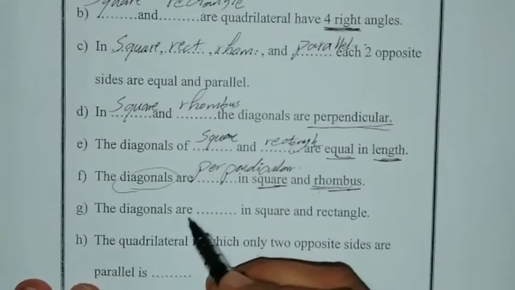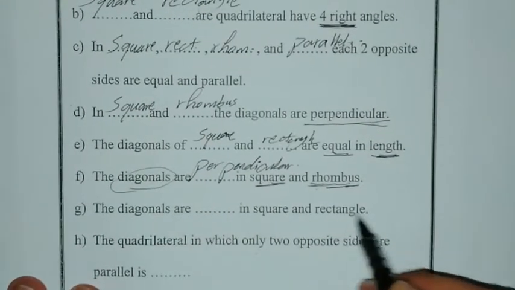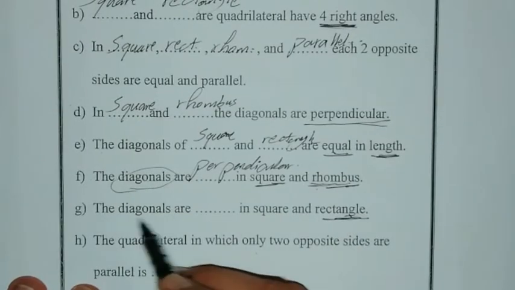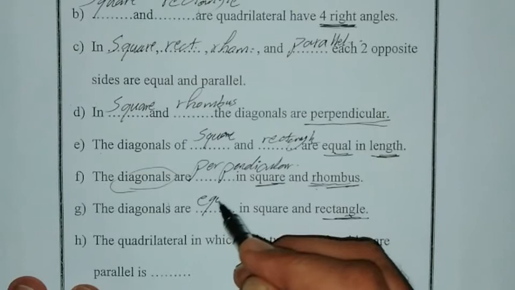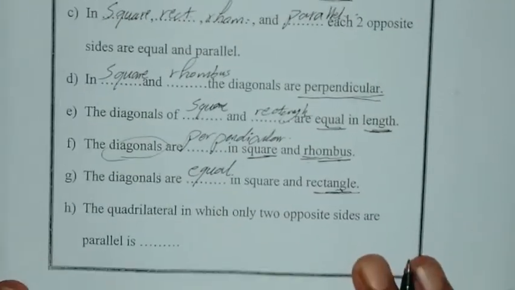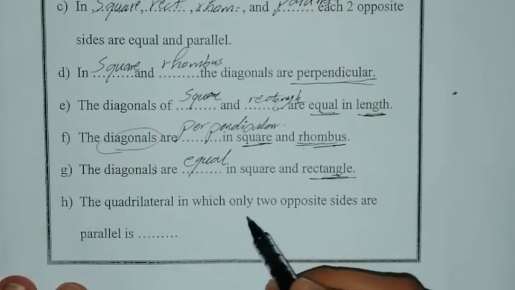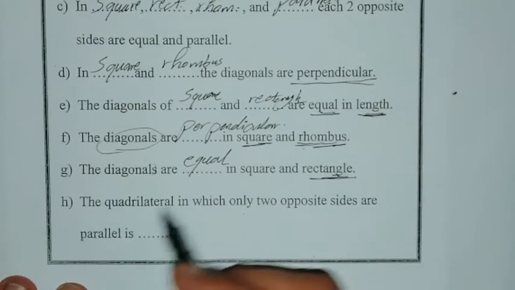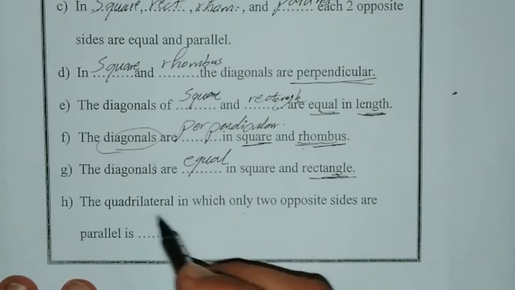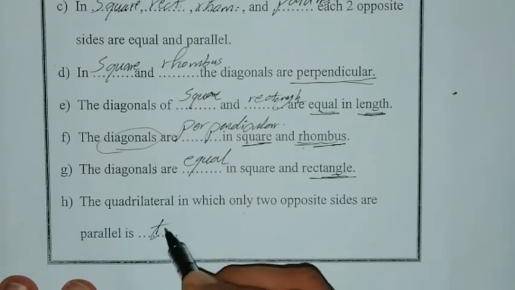The diagonals are what in square and rectangle? Equal in length. The quad in which only two opposite sides are parallel? Trapezium.